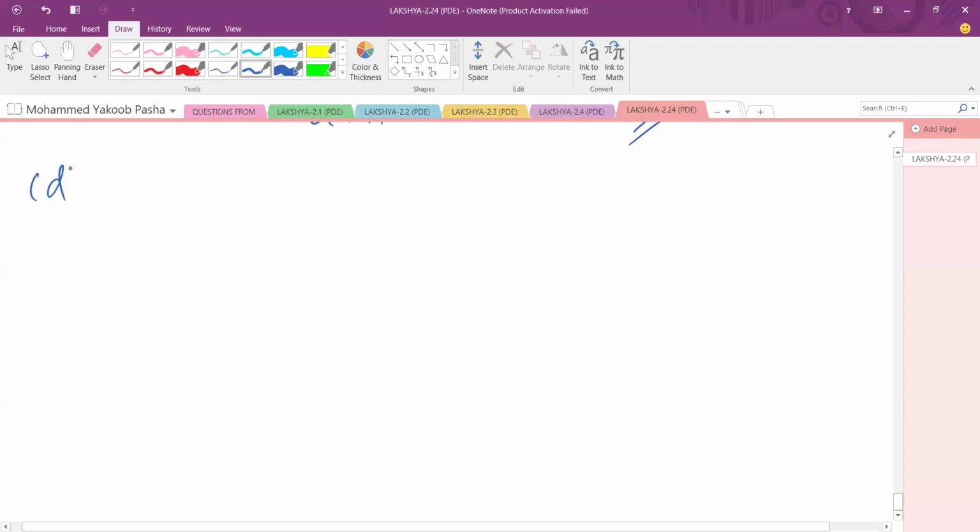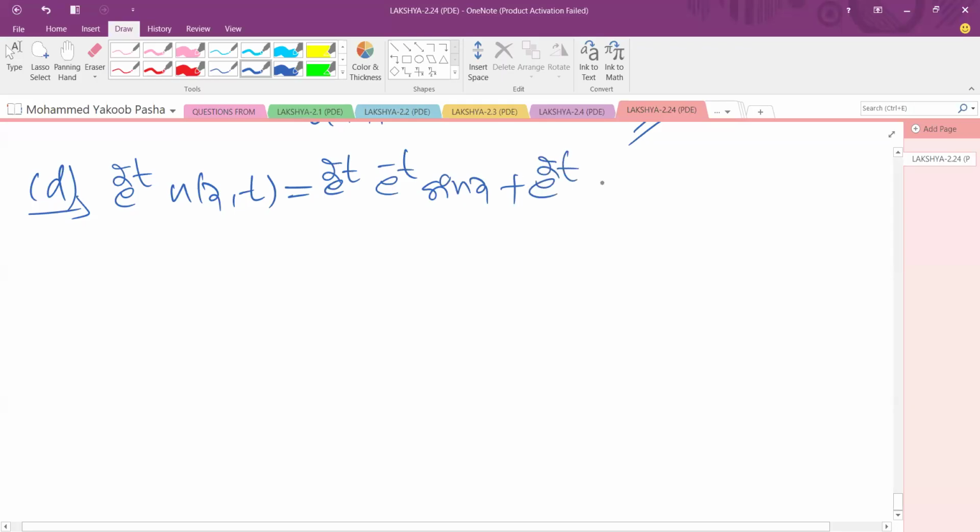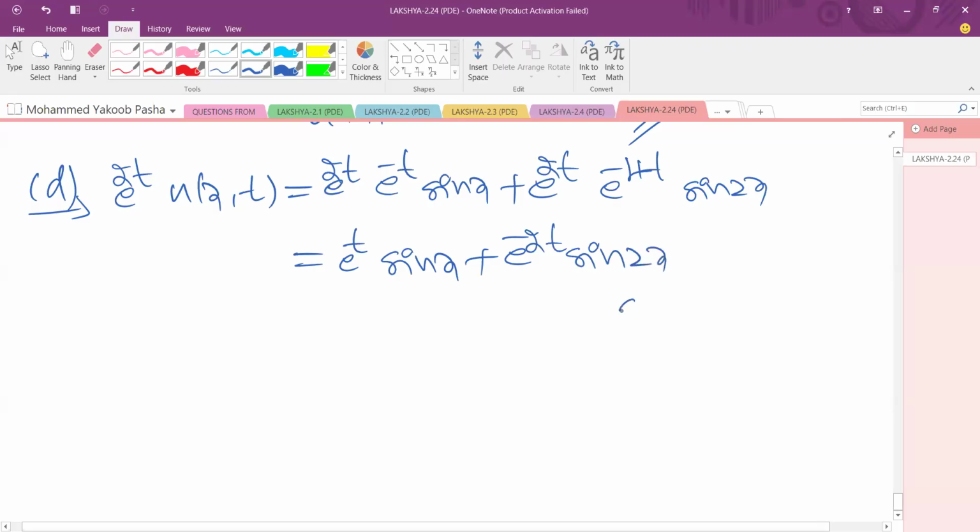U of x comma t is e power minus t into sin x plus e power minus 4t into sin 2x. Multiplying by e power 2t, it will be e power t into sin x plus e power minus 2t into sin 2x.